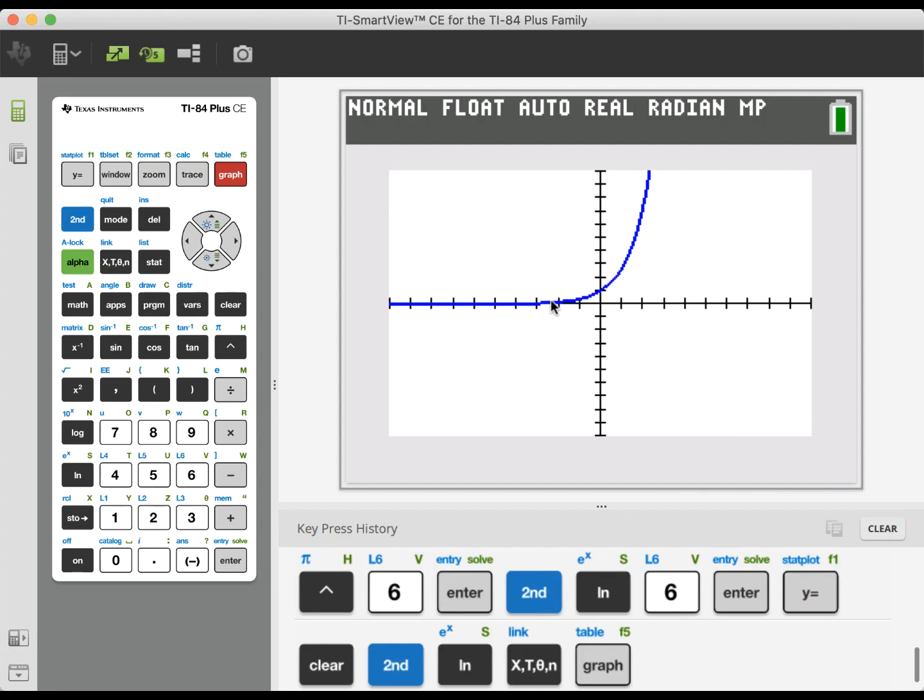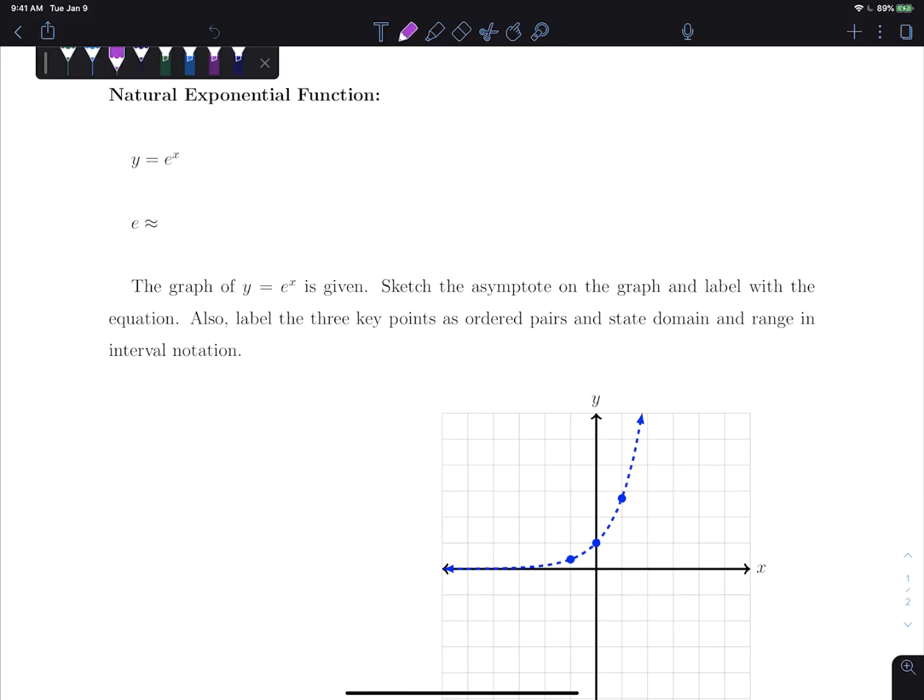I'll see you there. Okay, so welcome back to the notes. So looking at the natural exponential function, y equals e to the x power, this e is again approximately 2.718281828. And it just keeps going there. Now, while it does 18281828, the very next number is not going to be 1828.